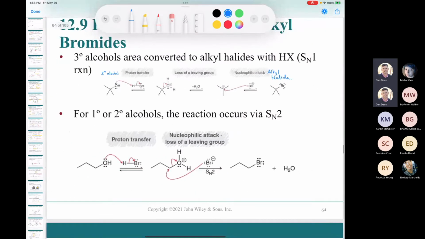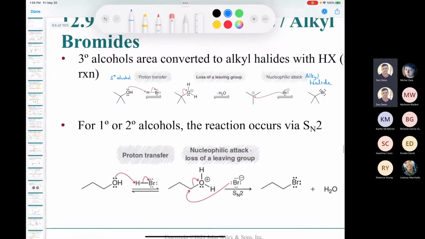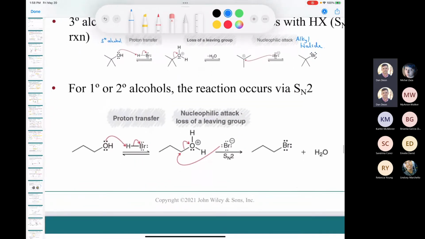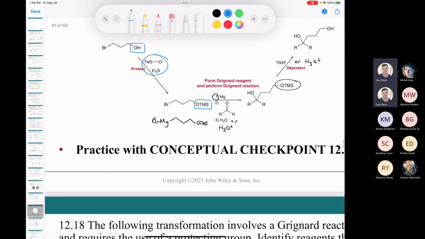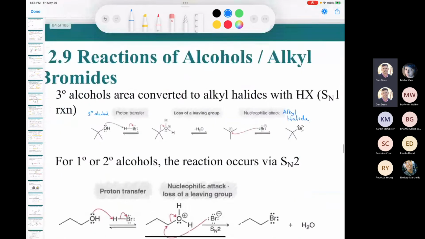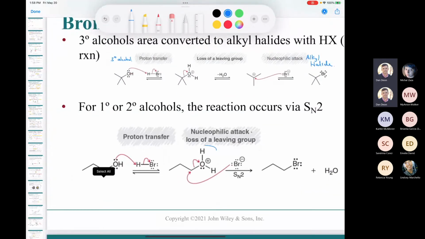If we use a primary or secondary alcohol with HBr, it proceeds similarly, but by an SN2 mechanism. In the first step, we transfer a proton in order to convert the hydroxyl into a good leaving group. So here we have a good leaving group, but then we get the nucleophilic attack and the loss of leaving group occurring simultaneously.